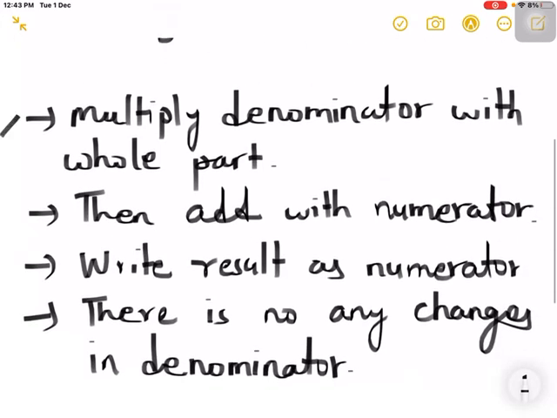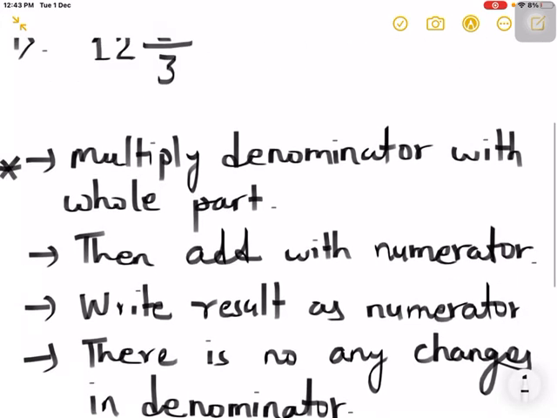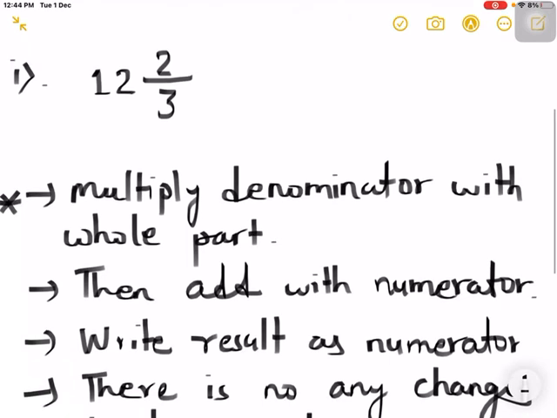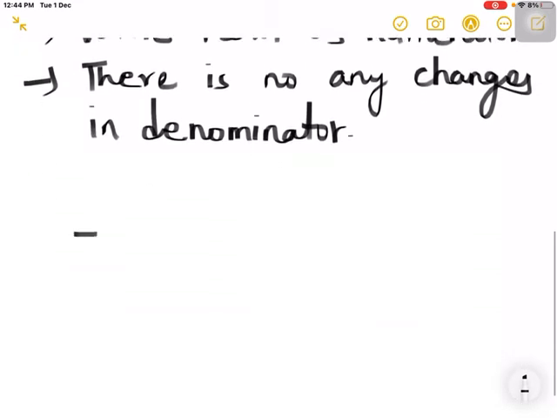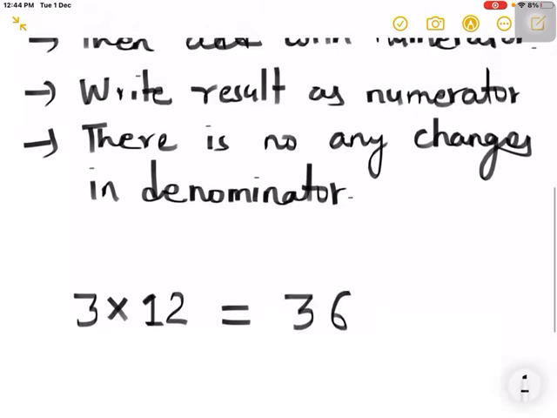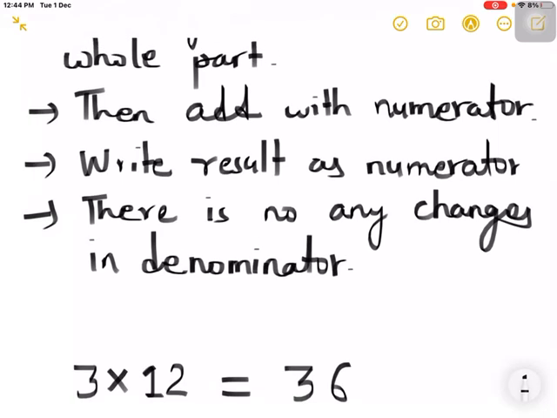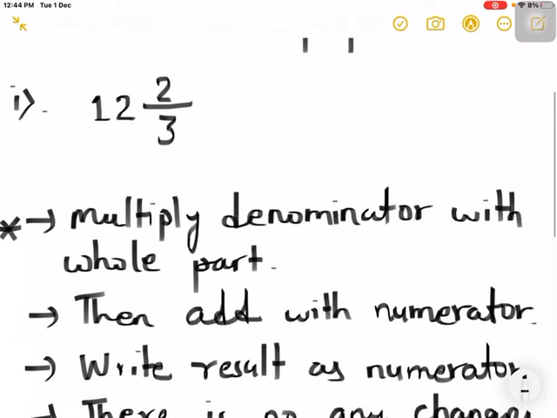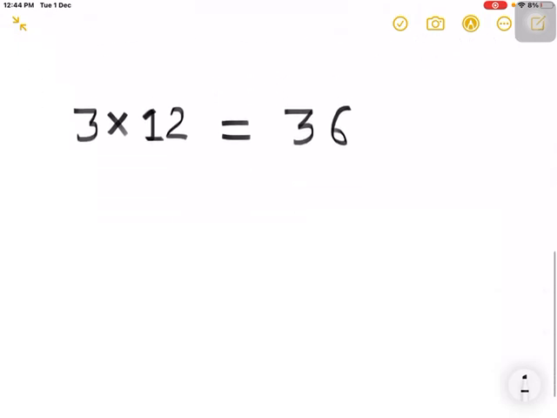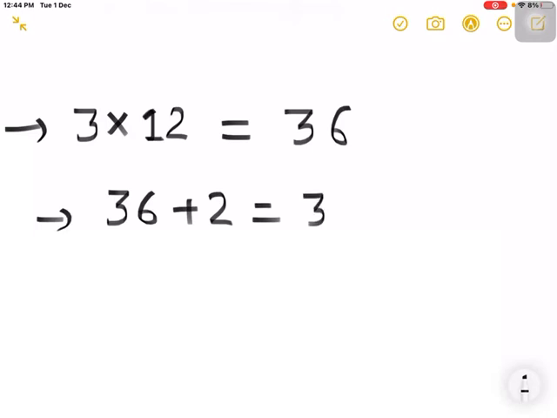Let us follow this. Multiply the denominator with the whole part. What is the denominator? 3. What is the whole part? 12. 3 into 12 is 36. Then add with the numerator, which is 2, so that is 38.